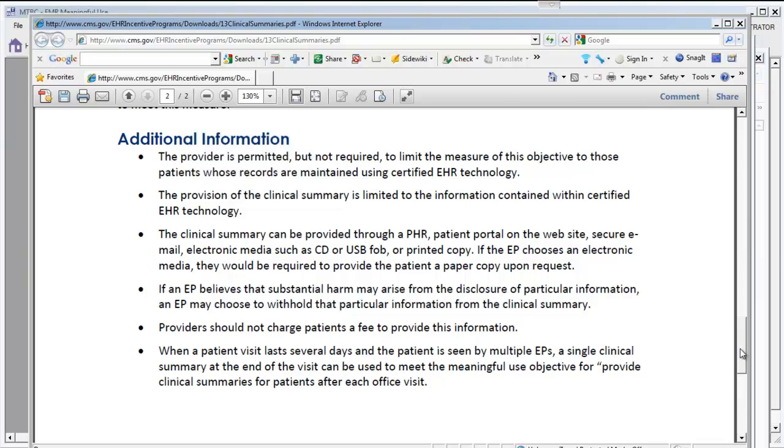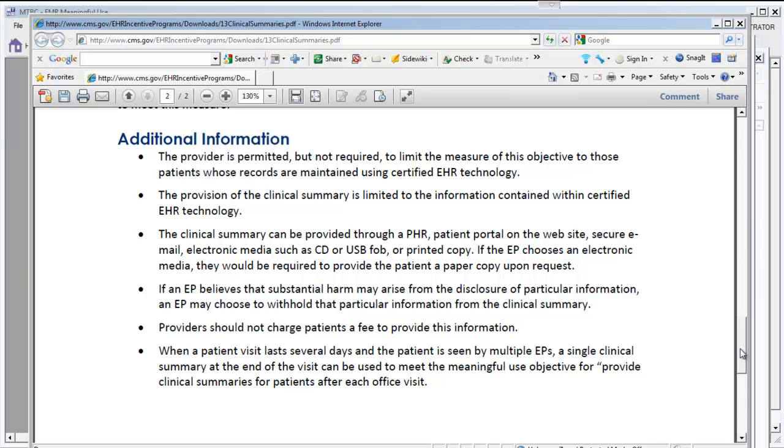So, for example, if you're currently in the middle of adopting the EMR or transitioning to the EMR, you do not have to count those patients as part of your denominator or numerator. And the same is true for the clinical summary. It's just the clinical summary of material that's contained in the EMR. So if you still have remnants of the patient record, the manila folder that you keep in the wall, it is not required for you to have that information also provided electronically as part of a clinical summary.